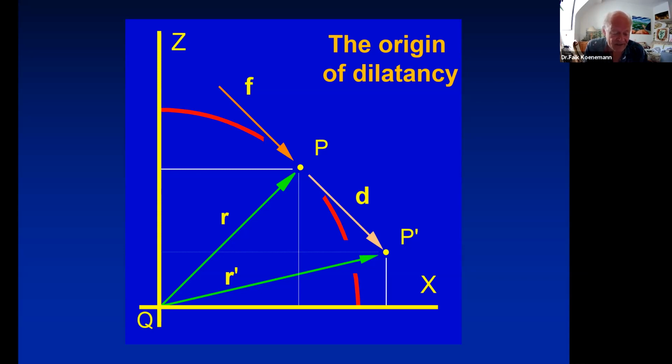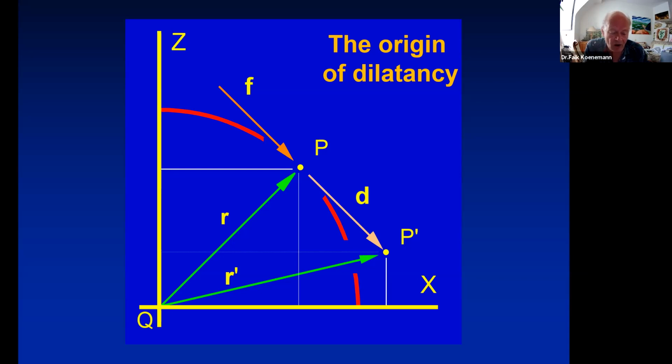The red line is the surface of a thermodynamic system centered at Q, and P is the point of action of a shear force F in orange. The radius vector R is in green. I assume that a shear force displaces its point of action in its own direction from P to P prime.